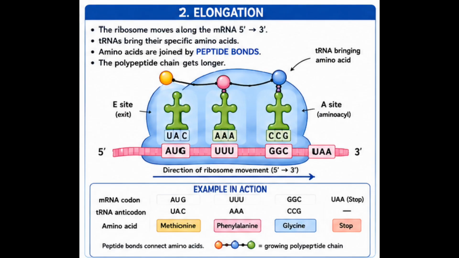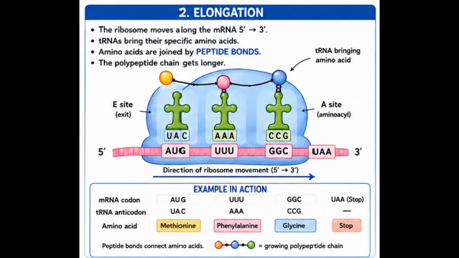For example, if the next mRNA codon is UUU, the matching tRNA has the anticodon AAA. This tRNA brings its corresponding amino acid. The amino acids are then connected by peptide bonds. I will now connect these amino acids together to present the growing peptide bond chain.